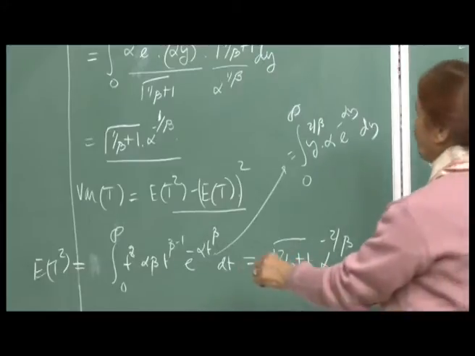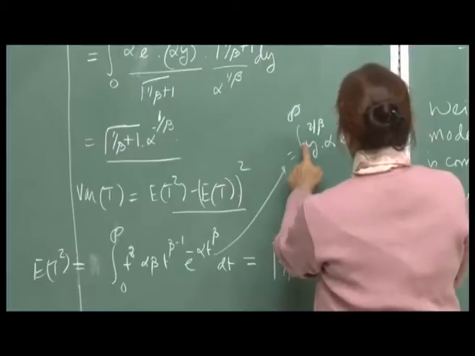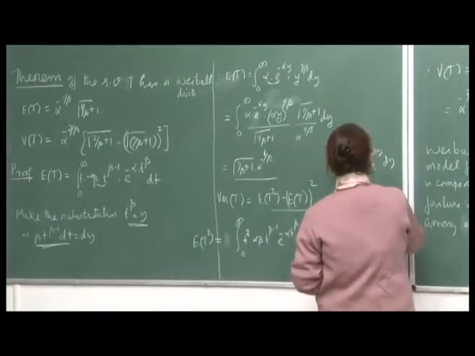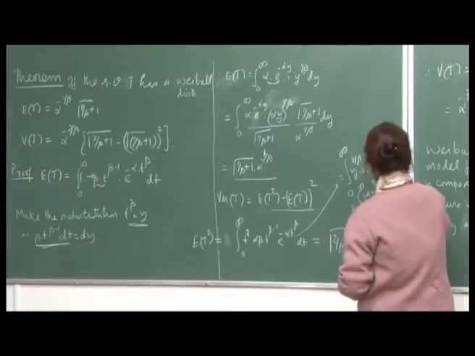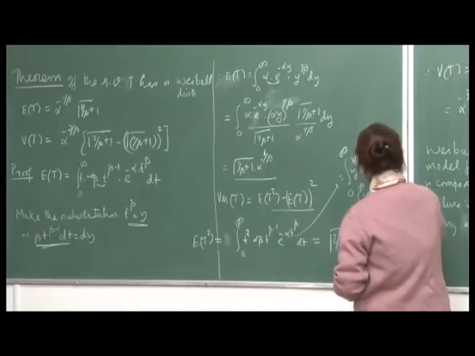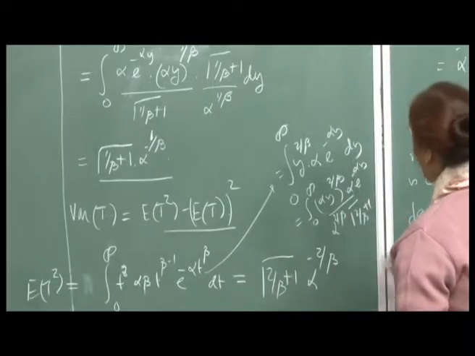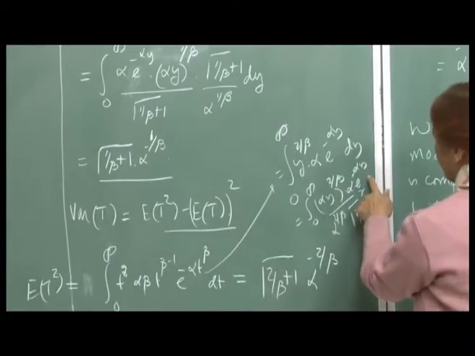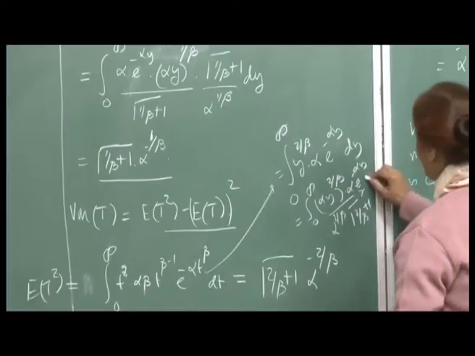Here again I will do the same trick that I did earlier. Alpha e raised to minus alpha y is there, then you write the integral from 0 to infinity of alpha y raised to 2 by beta alpha e raised to minus alpha y. It is exactly the same thing, and then you divide by alpha raised to 2 by beta, then you need a gamma of 2 by beta plus 1, and there is a dy.